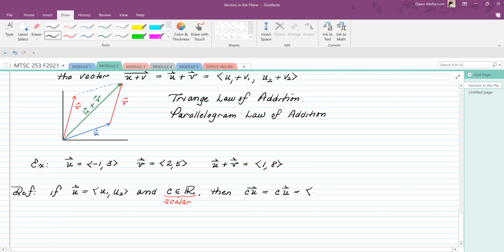So you end up with c times u1 and c times u2. Nice and simple.